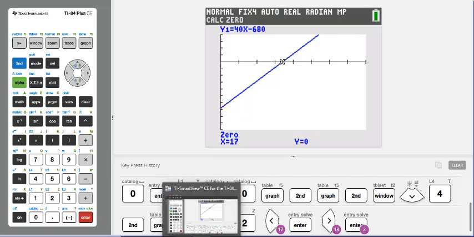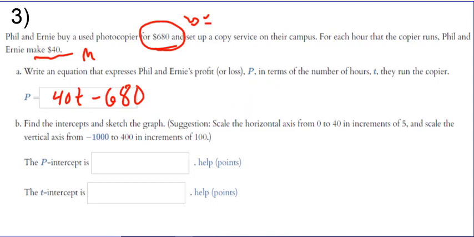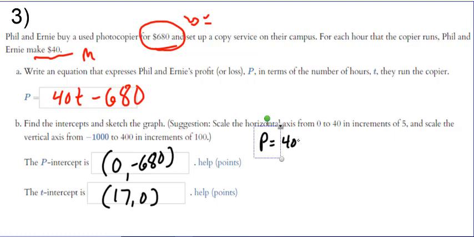Now let's write these as points. This would be 0, negative 680. And then t, which is the x, the input, would be 17, 0, right? But if you wanted to do this by hand, p equals 40t minus 680.